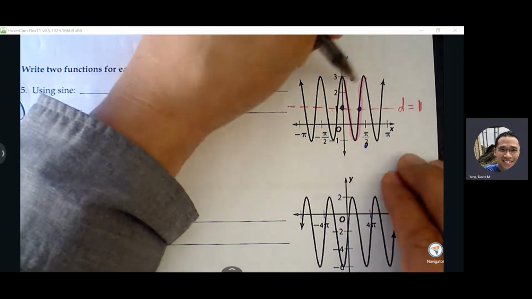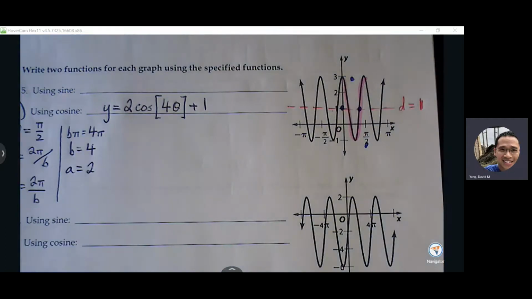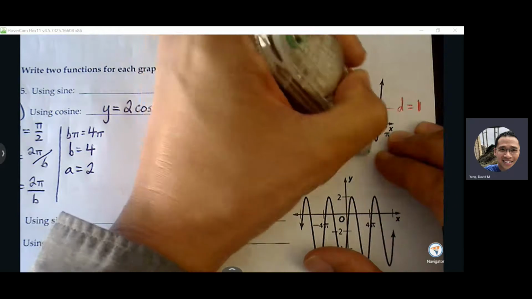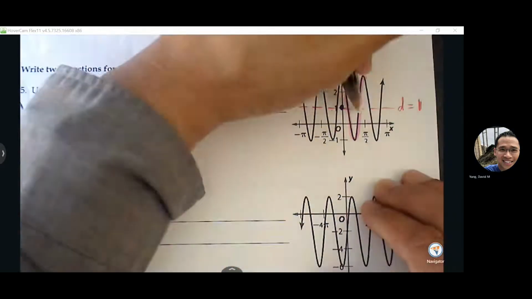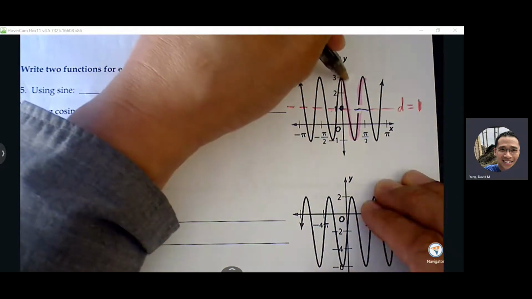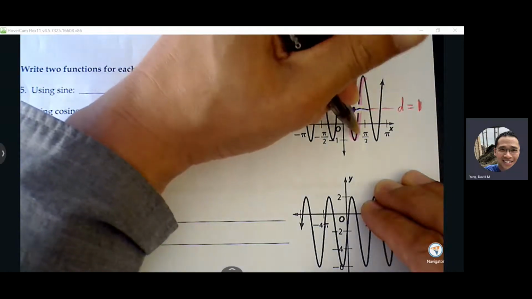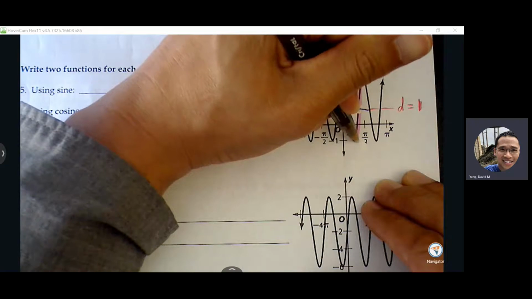Oops, I'm sorry. This graph is a lot more condensed than I was giving it credit for. So it goes here, center, because it needs to complete its cycle in pi over 2, right?